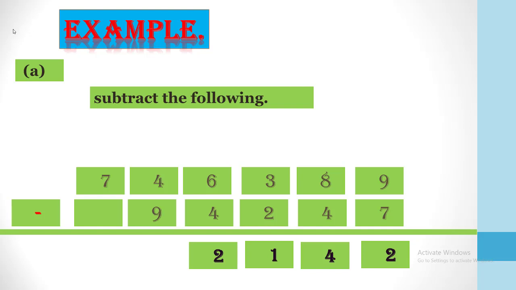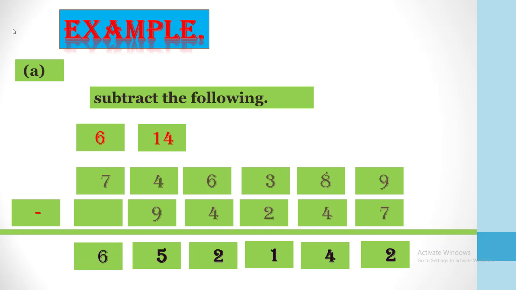Here 4 minus 9. Now we take 1 carry from 7. 4 will become 14. And when we subtract 9 from 14, the answer will be 5. After giving 1 carry to 4, 7 becomes 6, and there is nothing to be subtracted from 6, so we write 6 here.